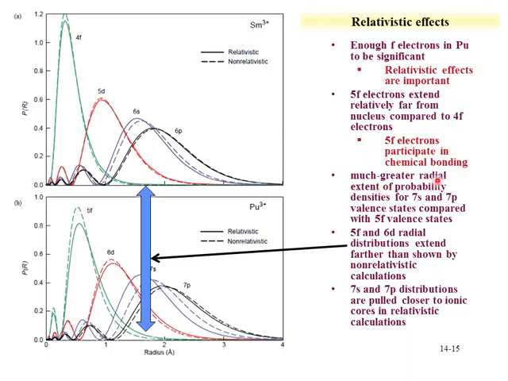So these relativistic effects allow 5F electrons to participate in chemical bonding because they're relatively far from the nucleus compared to the 4Fs. And if we look at the 4Fs here, by this point, let's say 1.5 angstroms, there is very little probability of finding them, where we have a much larger probability of finding the 5Fs.